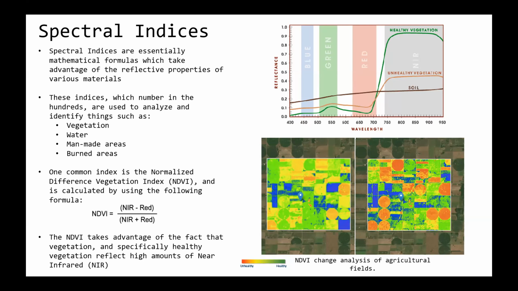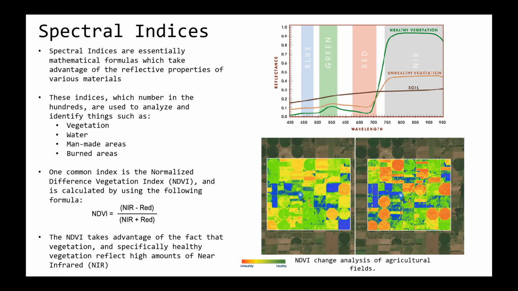Unhealthy vegetation reflects much lower, and bare soil reflects even lower than unhealthy vegetation. Spectral indices exploit these relationships between reflectance and different materials that we see on the ground to capture different characteristics of those materials.